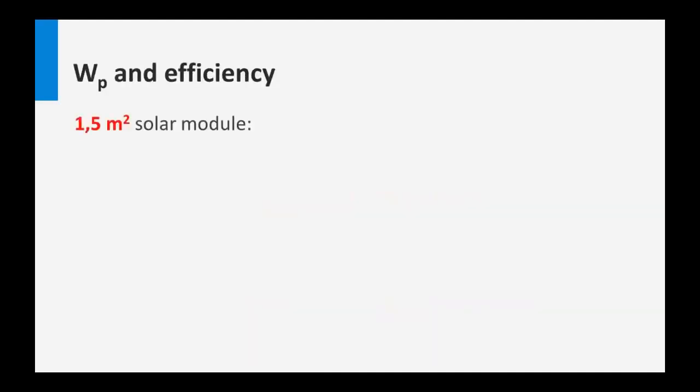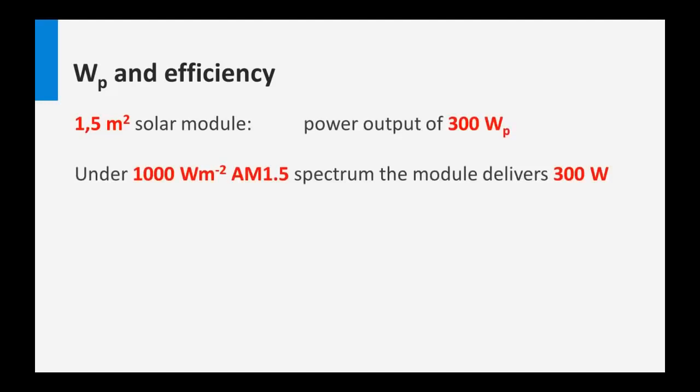Another concept which I've seen some discussions and questions about on the blog was the difference between watt peak and efficiency. I would like to explain this by taking as an example a solar module with an area of 1.5 square meters. Such a module can have a power output of, for instance, 300 watt peak.